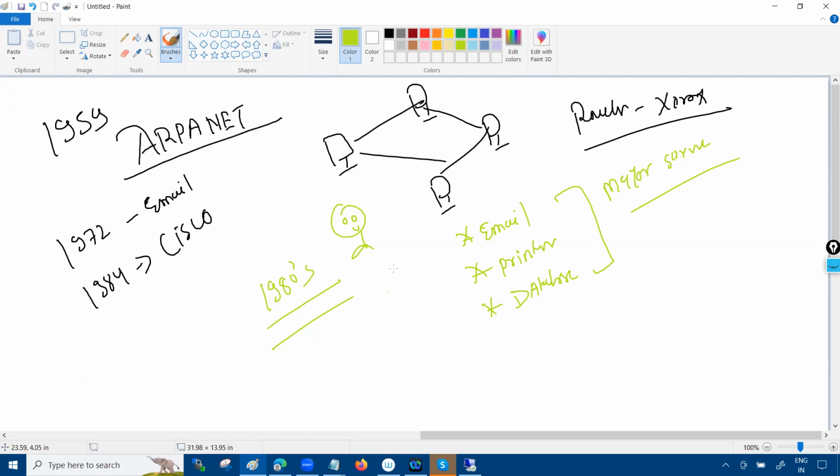In the 80s and 90s, the first iOS came. It's called the Internet Operating System. From the Cisco perspective, iOS. And the size of this was only 256 KB, and that was enough to do all these tasks.